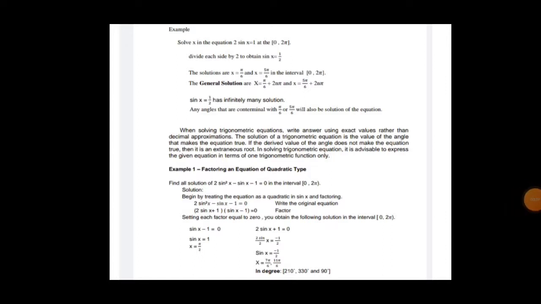Sine x is equal to negative 1 over 2. x is equal to 7 pi over 6 and 11 pi over 6. In degrees, 210 degrees, 330 degrees, and 90 degrees.